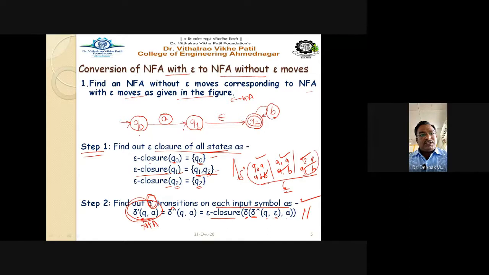The delta transitions are the transitions in the epsilon NFA. So we are converting the ENFA transitions into the transitions for the NFA without epsilon moves. Getting my point?